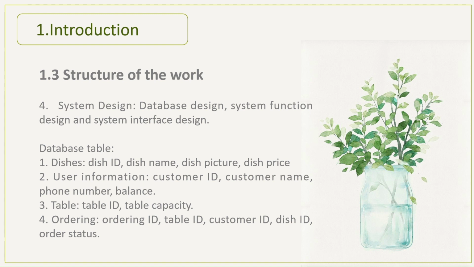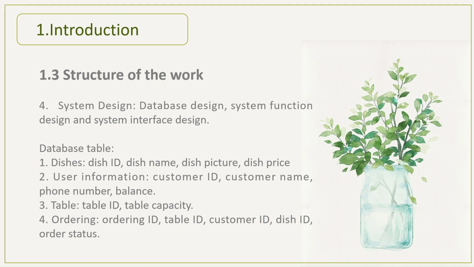And the system functional design is to elaborate the functions contained in the system, which includes drawing the system structure diagram and splitting the system models. The system models include the user model, restaurant personnel model, and management model.